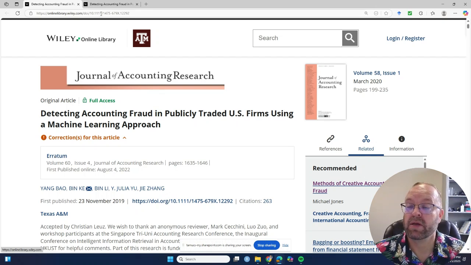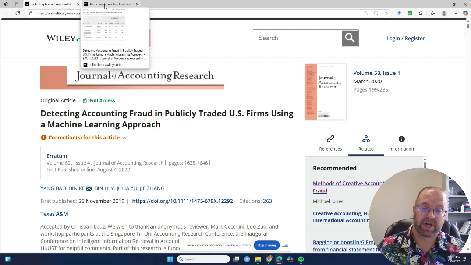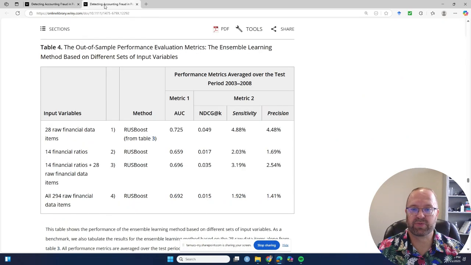All right. So they try and come up with a model to predict fraud. We're going to talk about table 4. In table 4, they compare four different inputs to models, or four different models.